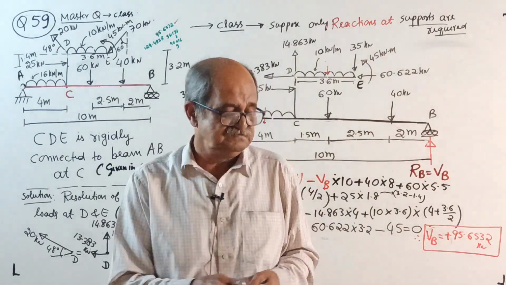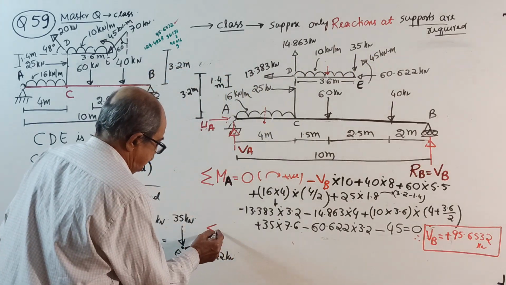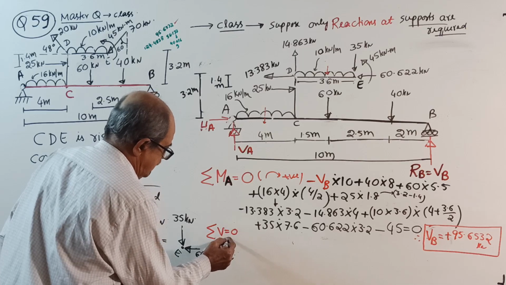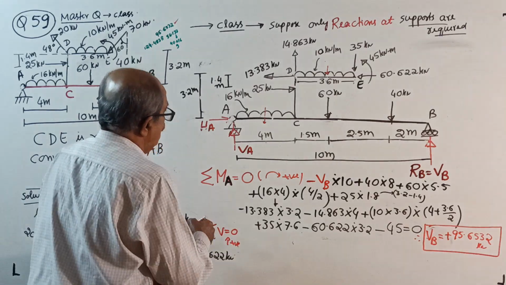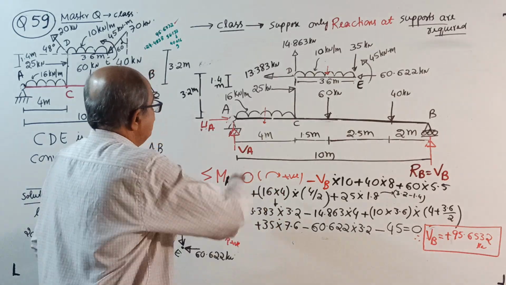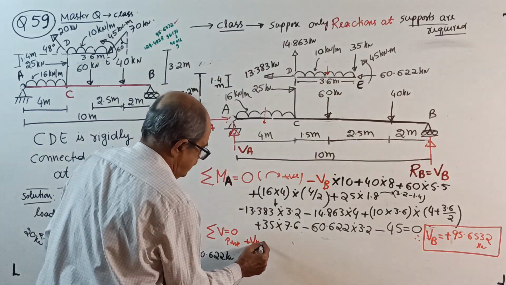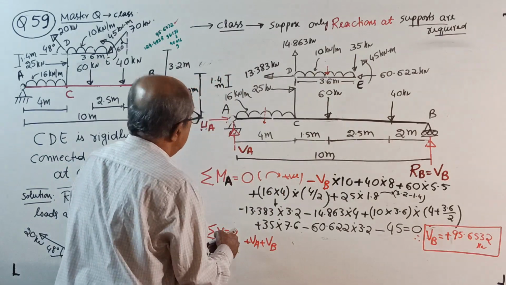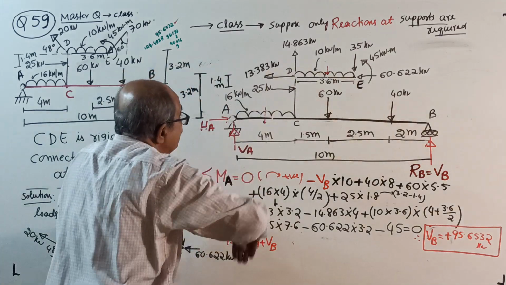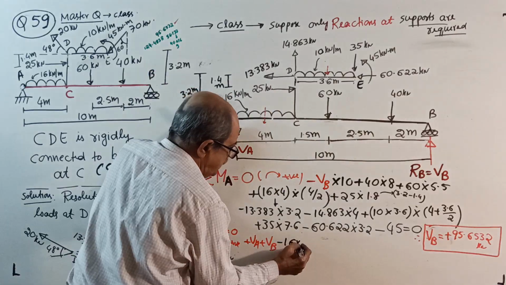Okay, next. Make sigma V equal to 0. Take upward positive. This time only vertical load, no distances. Plus VA plus VB, then minus 16 into 4 is the total load. Only load now, no distance.